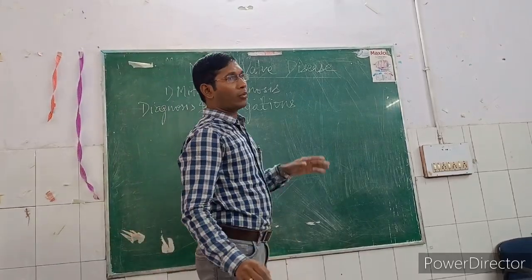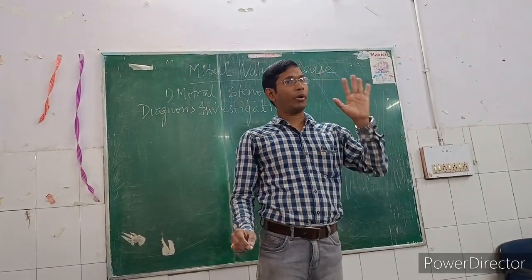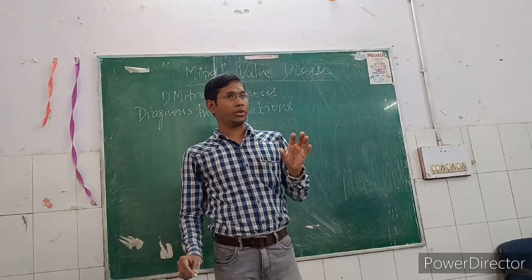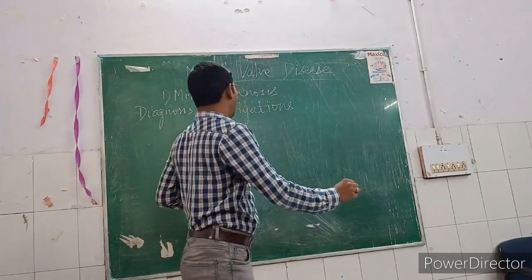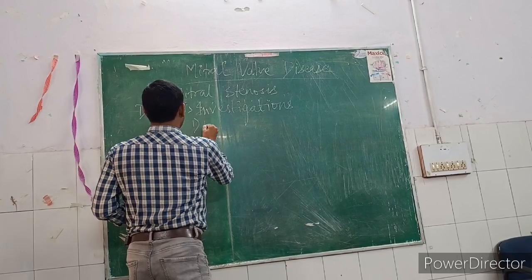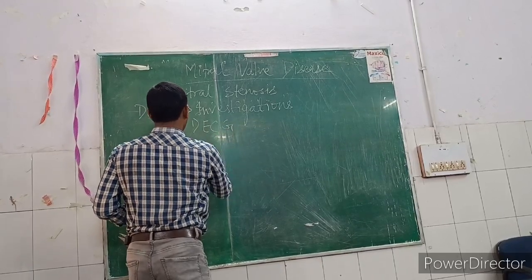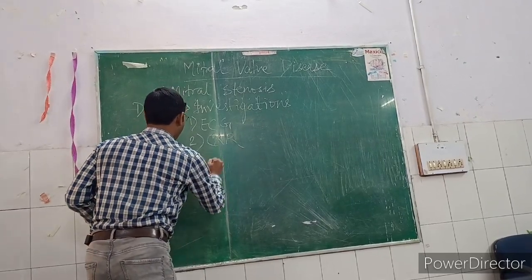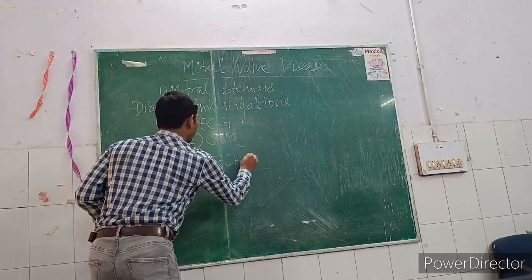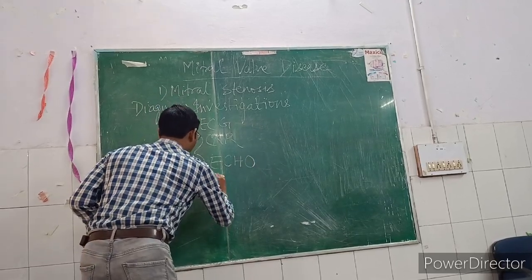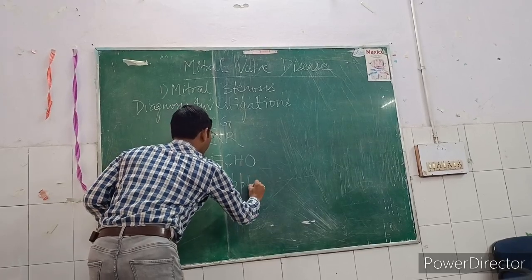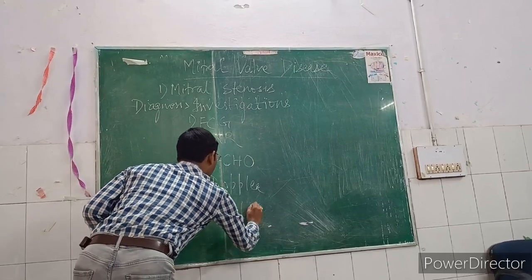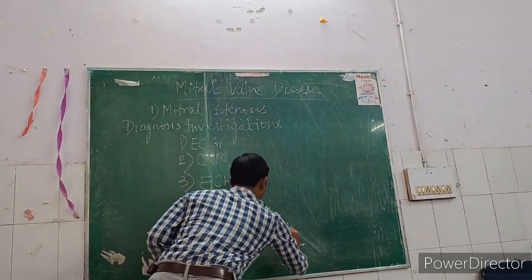In fact, for all valvular heart disease, there are 5 basic investigations which will be sufficient for catching the diagnosis, and they are: number 1, ECG; number 2, chest X-ray; number 3, echo; number 4, Doppler; and number 5, cardiac catheterization.